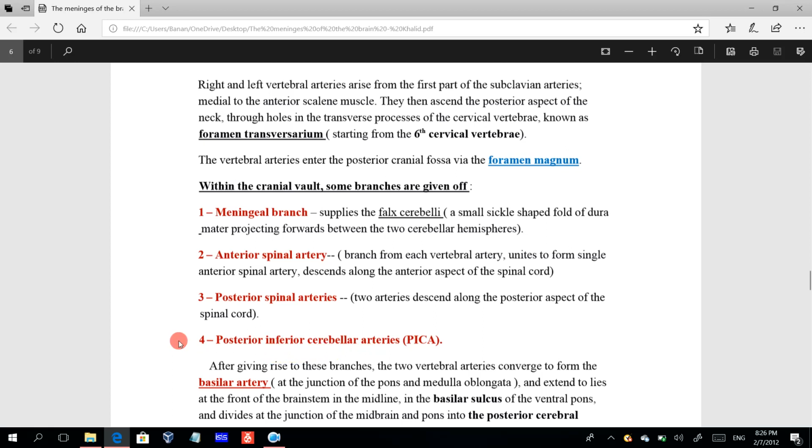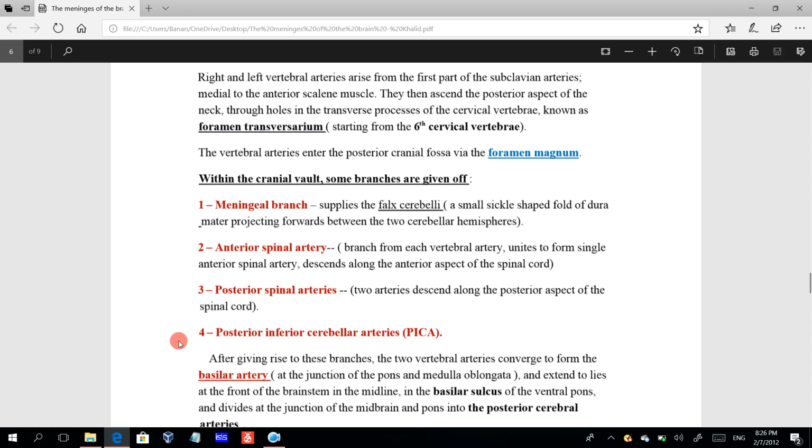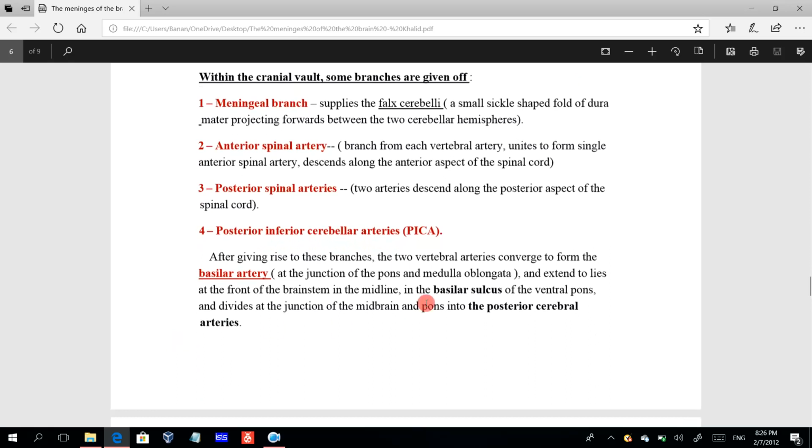After giving rise to these branches, the two vertebral arteries converge to form a single artery, which is called the basilar artery, at the junction of the pons and medulla oblongata.